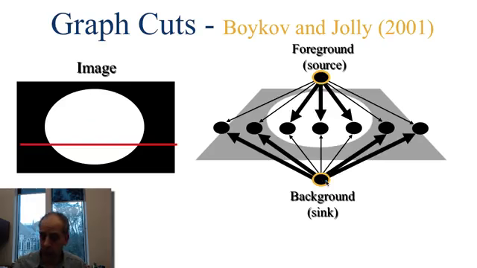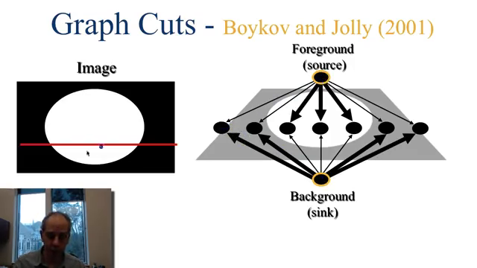First of all, how do we connect every node representing a pixel to the foreground source and to the background sink? The basic idea is that we connect them with some measurement of the probability of the node, meaning the pixel, being background or being foreground.